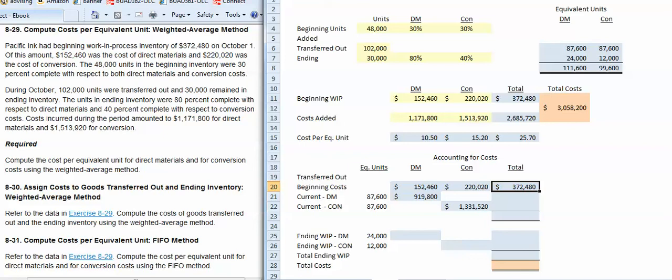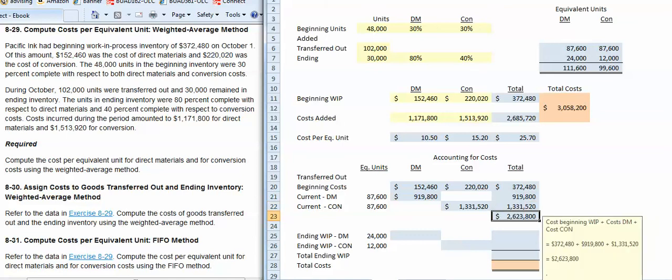Our direct material cost this period transferred out was $919,800, and our cost of conversion for the period for goods transferred out was $1,331,520, for a total cost for the units transferred out of $2,623,800.